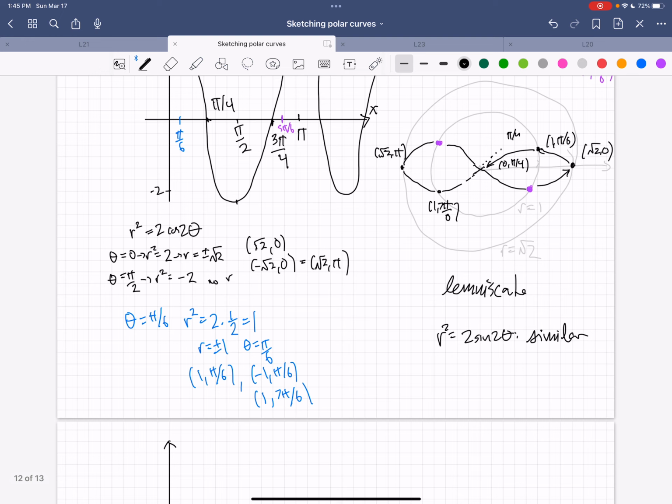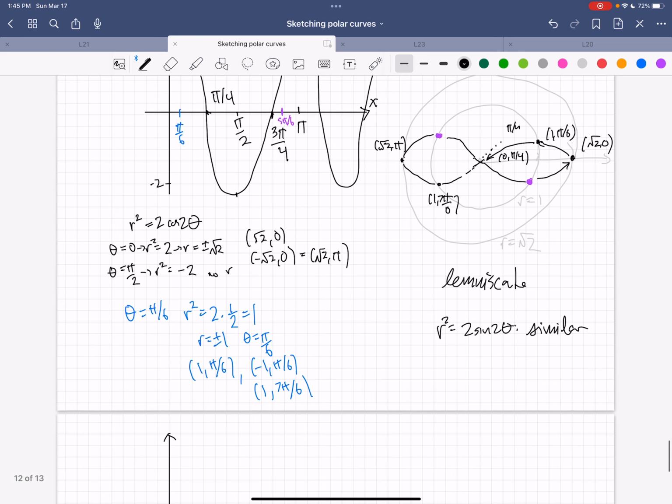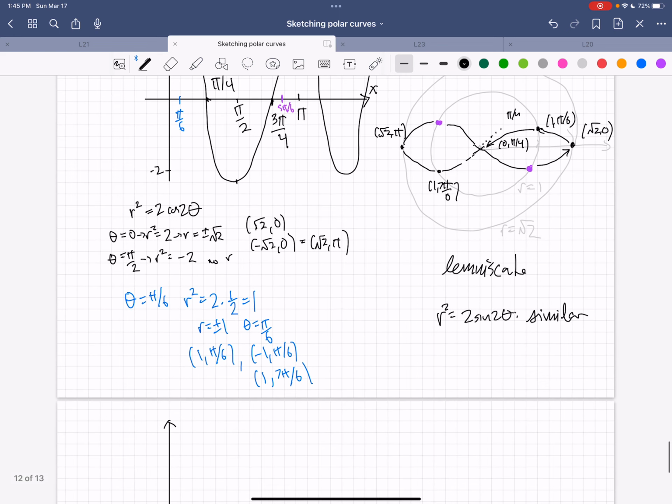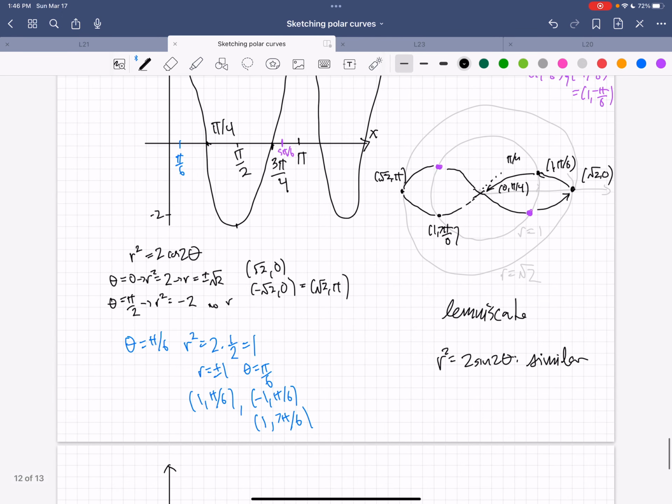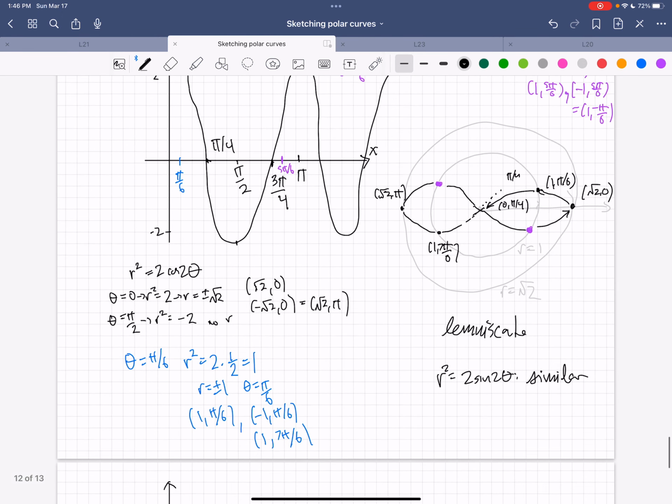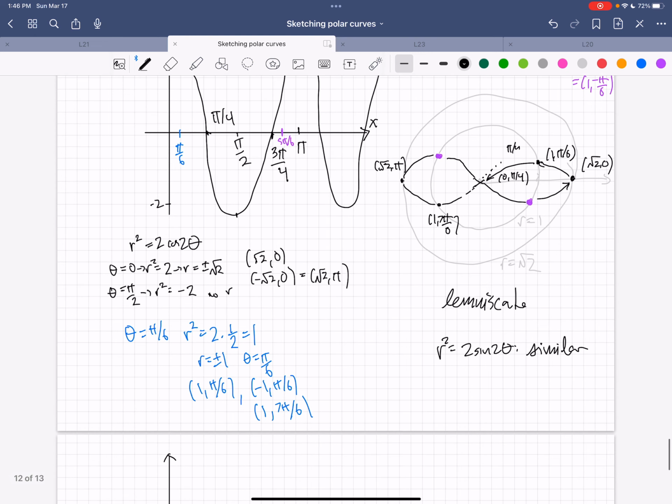That's why I chose pi over 6 here. There I would probably choose pi over 12, because I know the sine of pi over 6 is 1/2, and then also some other convenient numbers. As long as you're able to visualize where things are, whatever works for you.